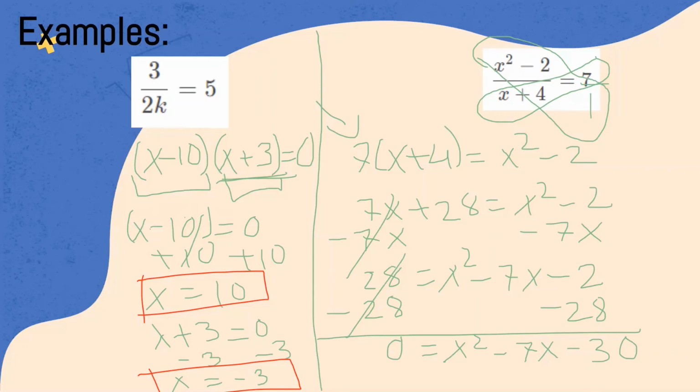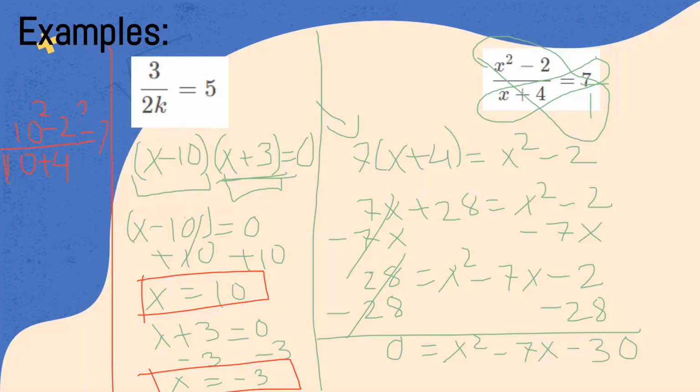Because for you to solve for something, you have to make sure that you have... I'll get back to you on that later. But okay, I just want to check if both the solutions are actually the solutions. So 10 squared minus 2 over 10 plus 4, is that equal to 7 or not?